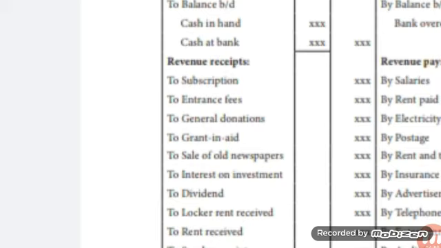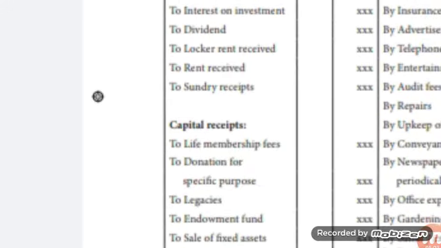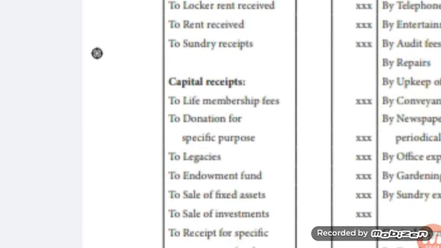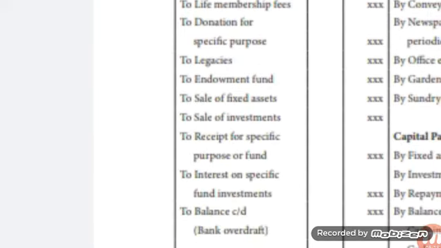Subscription, entrance fees, general donations, grant in aid, sale of old newspaper, interest on investment, dividend, locker rent received, then sundry receipts. What are the capital receipts? Life membership fees, donation for specific purpose, legacies, endowment fund, sale of fixed asset, sale of investment, receipts for specific purpose fund, interest on specific fund.